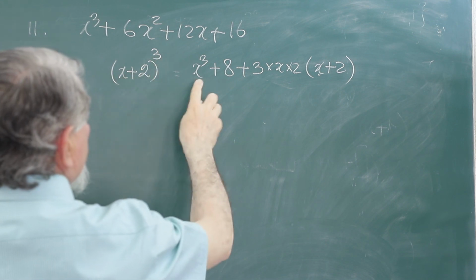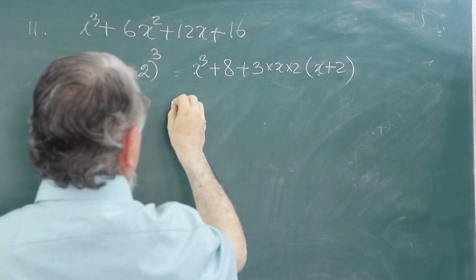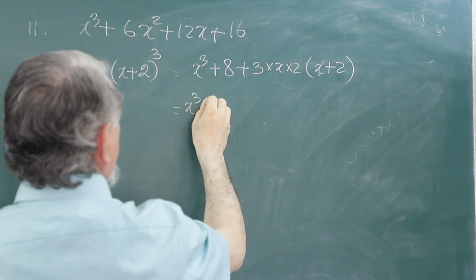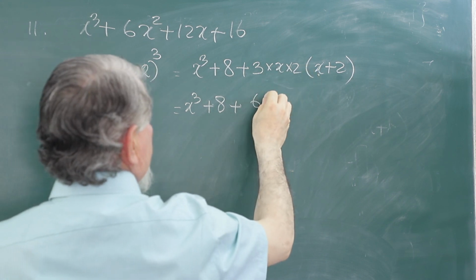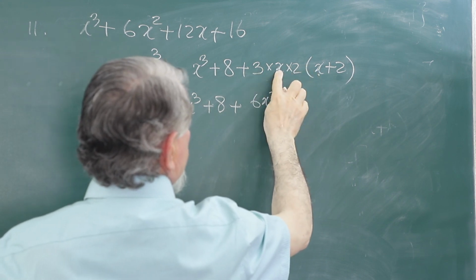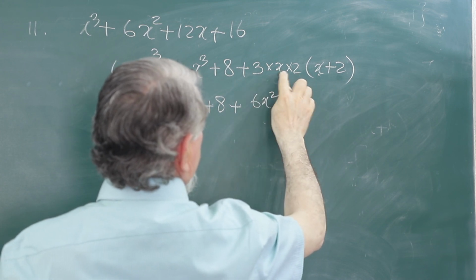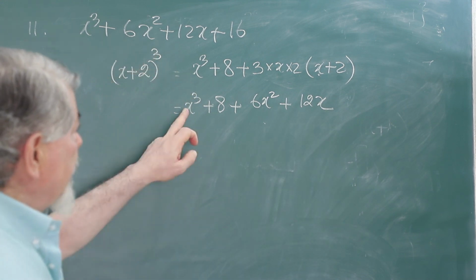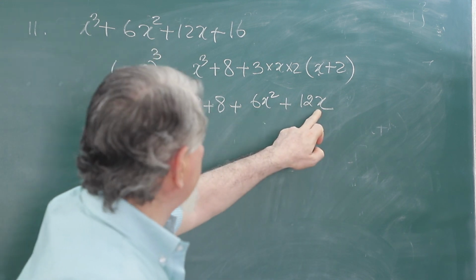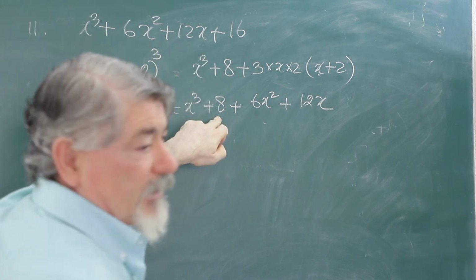X plus 2 whole cube is x cube plus 8 plus 3 into x into 2 into x plus 2. That will be x cube plus 8 plus 6x square plus 12x. So what do I get? X cube plus 6x square plus 12x plus 8.